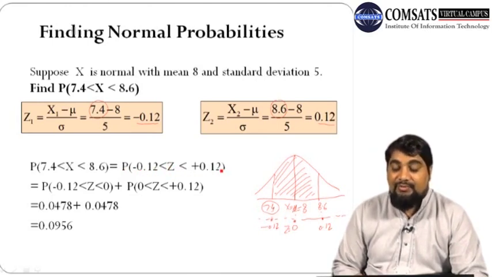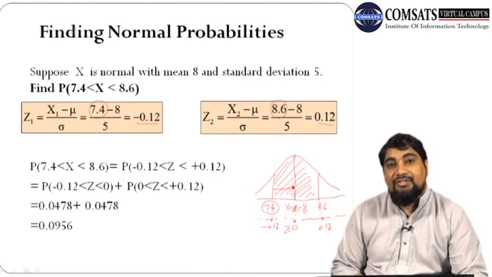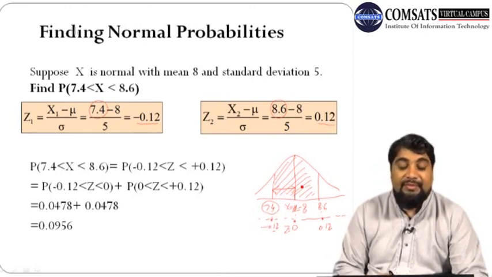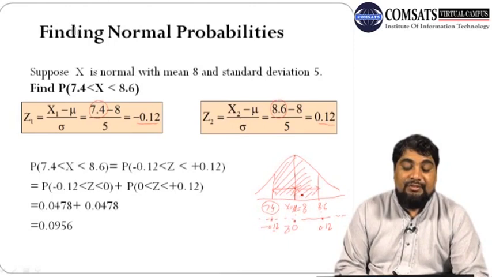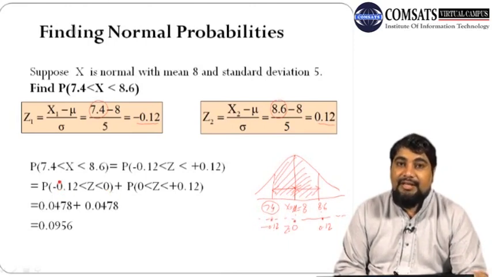In order to calculate this probability, we can calculate the probability from minus 0.12 to 0, and then from 0 to 0.12. So you need to look up this 0.12, ignoring the sign, in the standard normal distribution table.